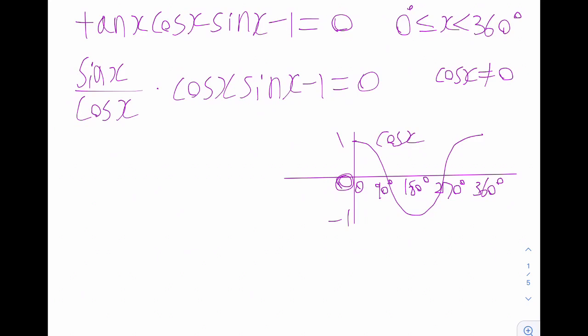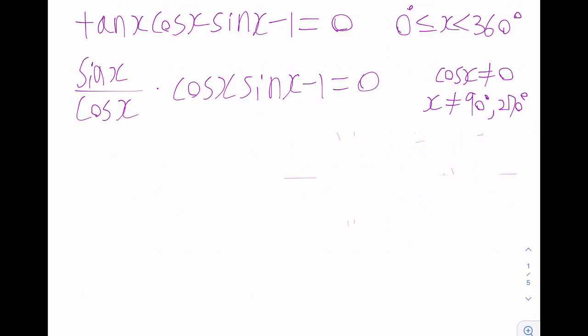Cos of x is equal to 0 when x is equal to 90 degrees and when x is equal to 270 degrees. And since our initial restriction was smaller than 360, these two will be the values. So we can say that x cannot equal 90 degrees and 270 degrees.